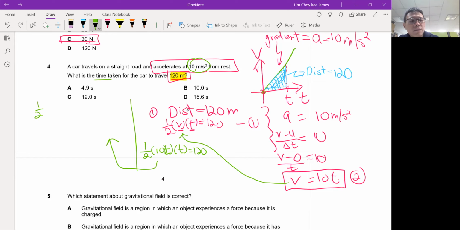We have half times 10T times T equal to 120. So this will easily be 5T squared, simple math, equals 120. You punch your calculator, 120 divided by 5, after that square root, and you get your answer T to be 4.898 seconds, which is roughly 4.9 seconds.